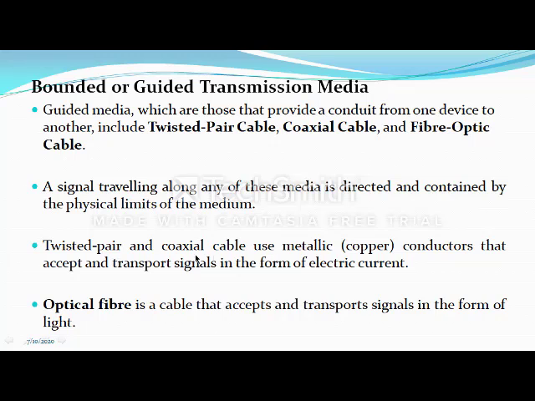Twisted pair and coaxial cable, these two are metallic conductors, made up of copper, that accept and transport signals in the form of electric current.